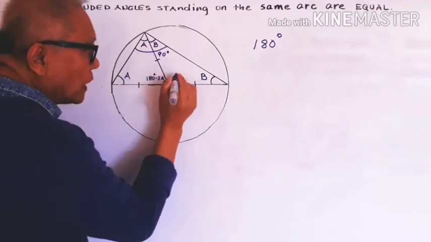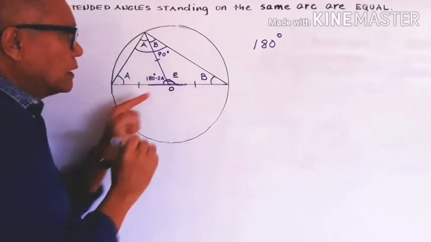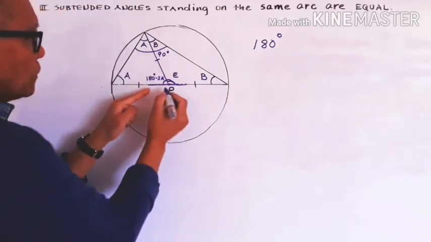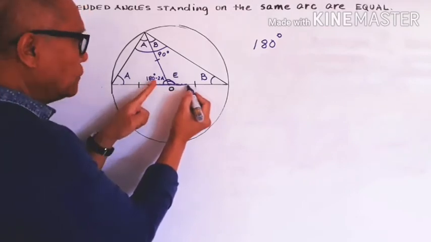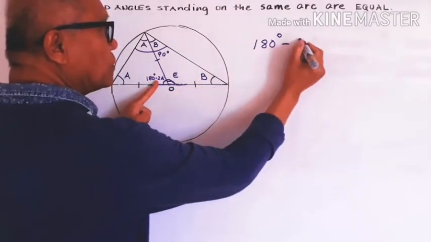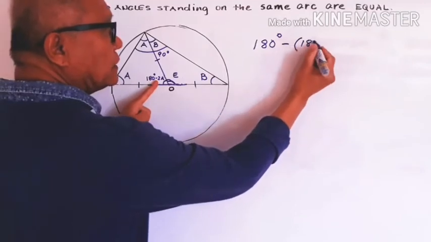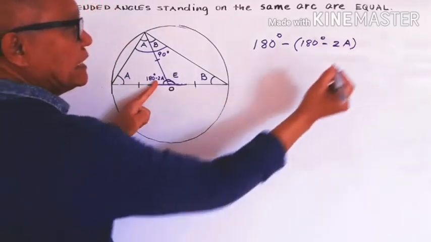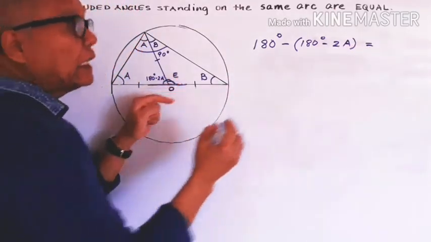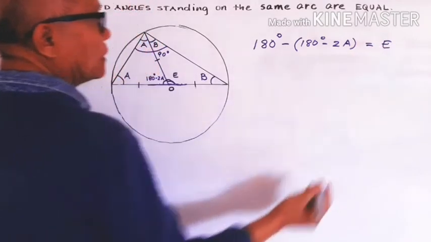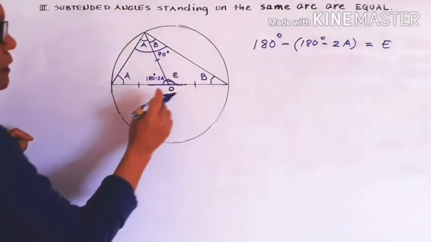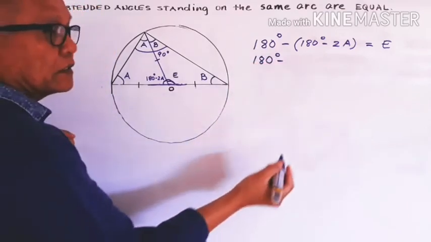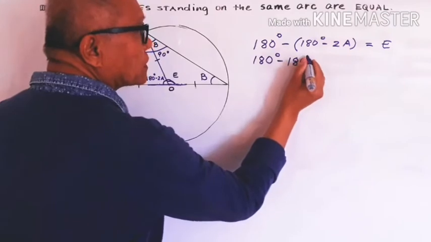Let us call that missing angle E. We have a straight line, so we subtract 180 degrees minus 2A from 180 degrees, and that is equal to angle E. So we have 180 degrees minus the quantity 180 degrees minus 2A.